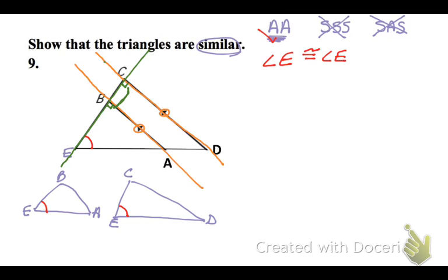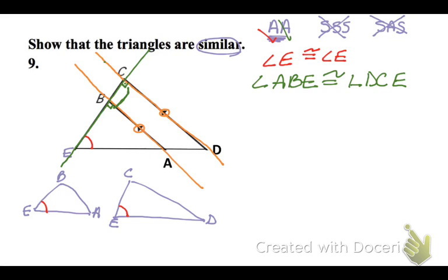That rule tells us that if you have parallel lines cut by a transversal, the corresponding angles are equal. So you can say that angle ABE is congruent to angle DCE.